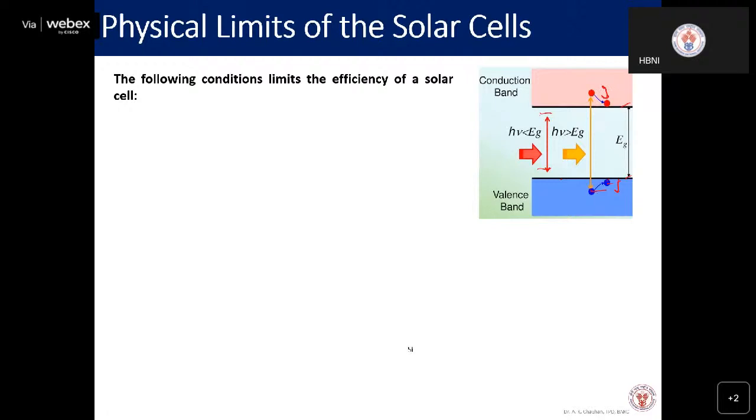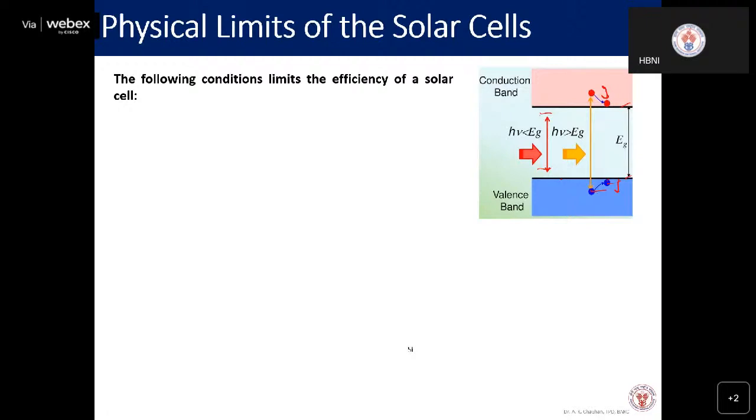So in the ideal case you should have photon energy exactly equal to the band gap. If the energy is more, it doesn't make a difference whether you have a 1.1 electron volt photon or a 1.5 electron volt photon.